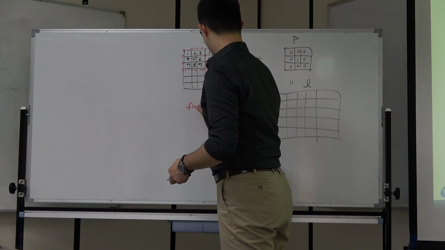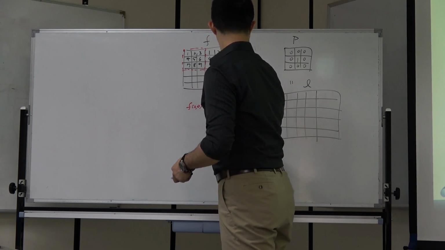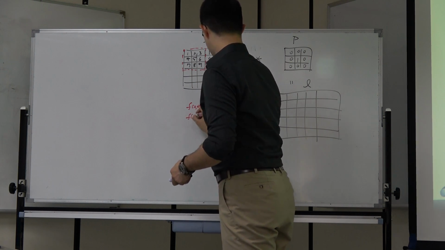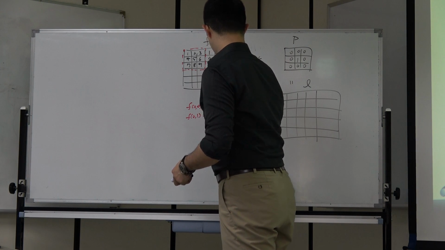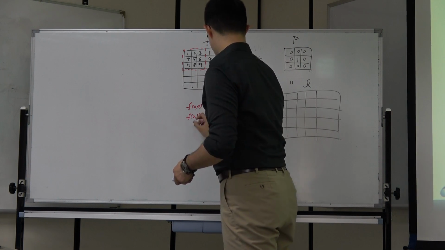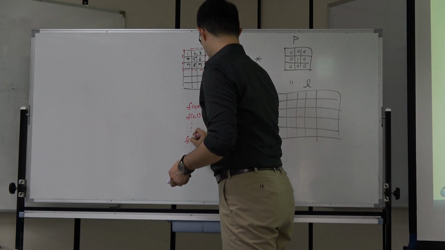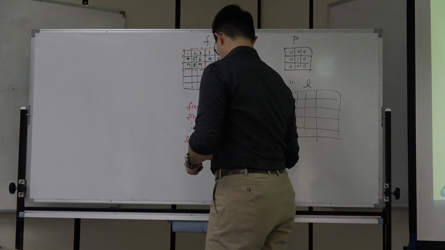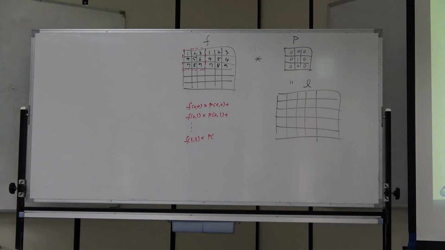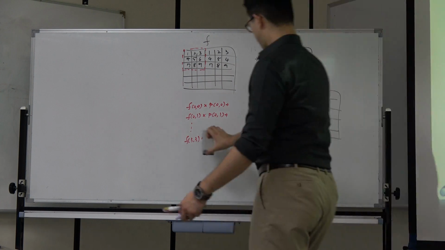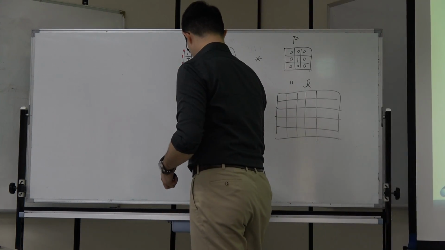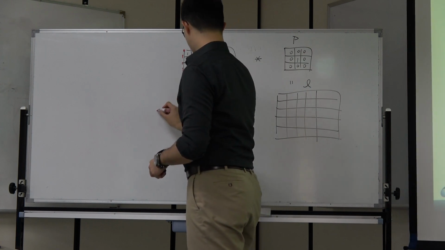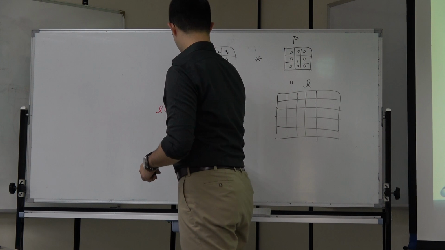And what you are going to calculate is the first cell, let's just say F00 multiply P00 plus F01 multiply P01 plus F3 multiply P, sorry, 2. Okay, so it will be equal to your L11.